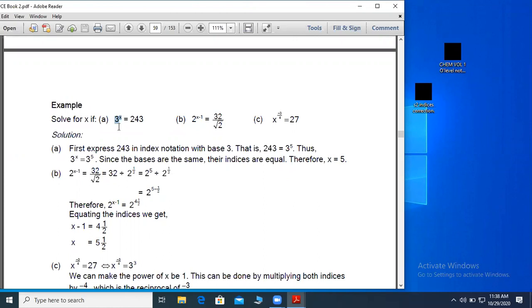Now, for example, if you look at this, we have 3 to the power x equal to 243.